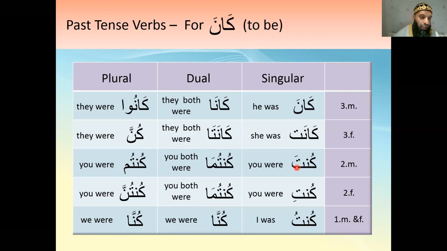So a question here: how will you know when it's they were or we were in a sentence? So they were would be kanu, and we were would be kunna. Is that what you mean?